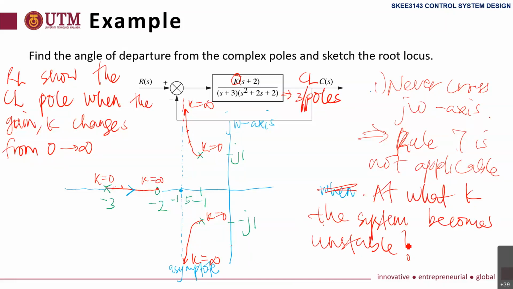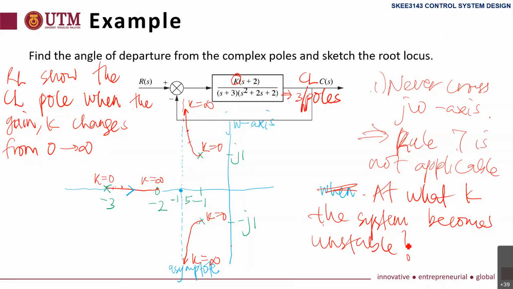At what value of K does the system become unstable? How can we know the indicator that the system is unstable?